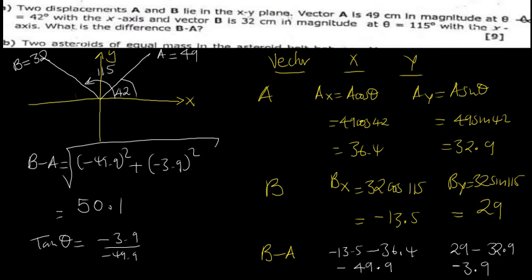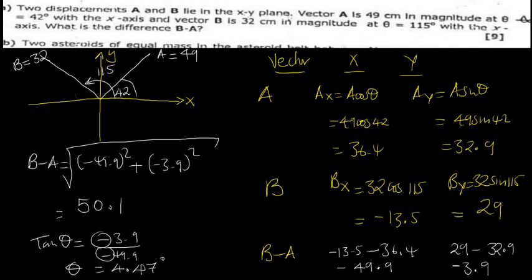Tan inverse of 3.9 divided by 49.9. So the angle that I'm finding here, theta, if you get tan inverse of 3.9 over 49.9, it will give us 4.47. Now this is not the angle.